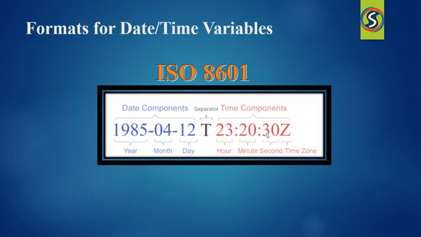So how are the formats for your date or time variables? Let's see one by one. Your date time variable, that is DTC, may include data that is represented in ISO 8601 format as a complete date or time, a partial date or time, or an incomplete date or time.